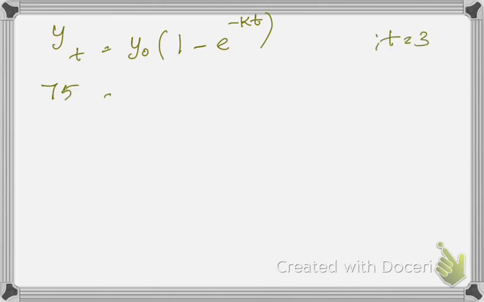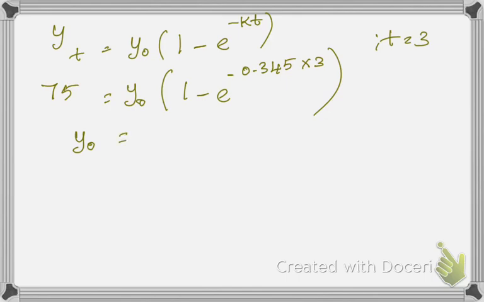So 75 is equal to Y0 into 1 minus e power minus 0.345 into 3. The only unknown here is Y0. So I will be getting my Y0 as 116.319 milligram per liter.